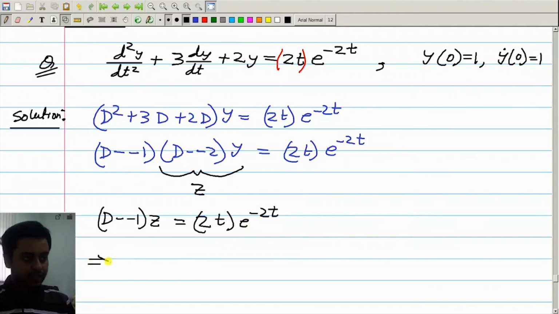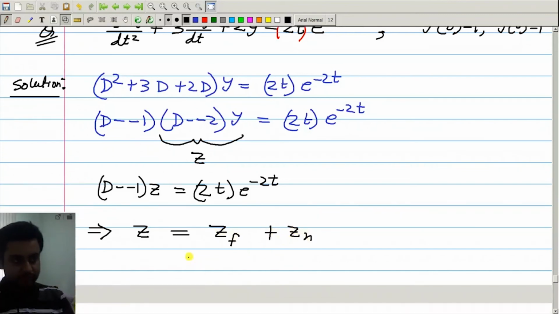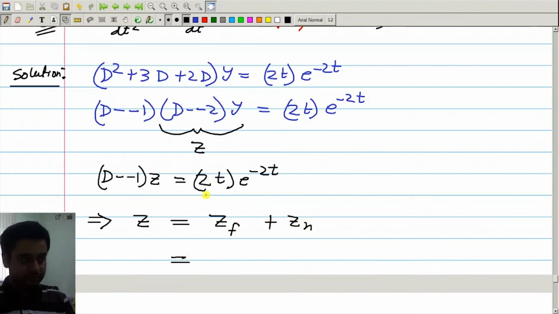which will imply that a solution of z is given like this: where this part will be e to the power minus 2t multiplied by a polynomial of same degree as this polynomial.